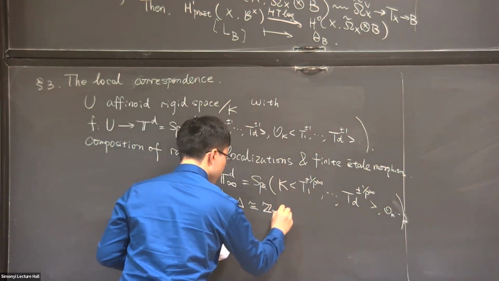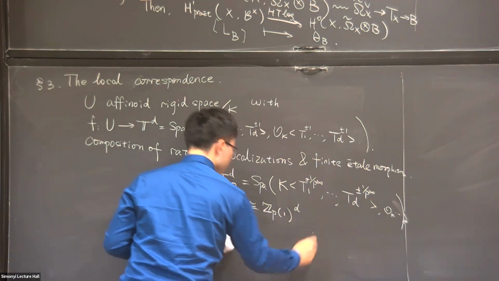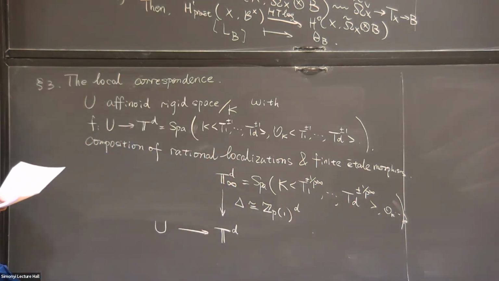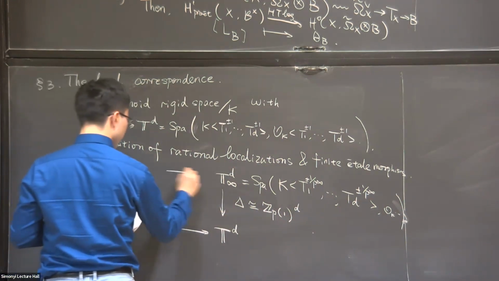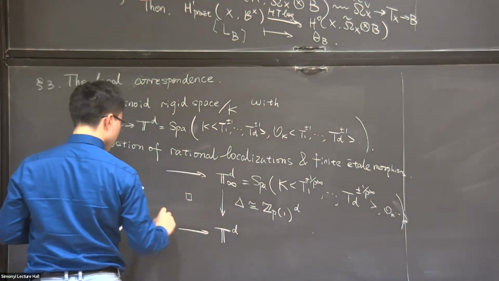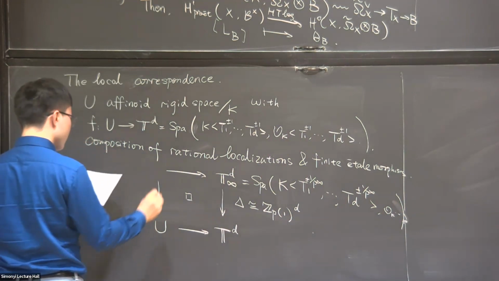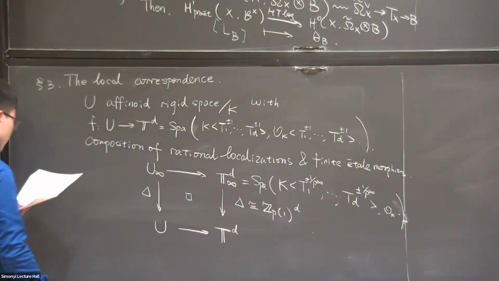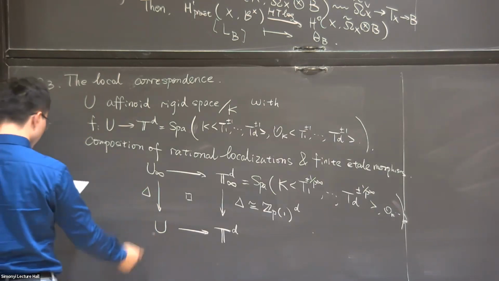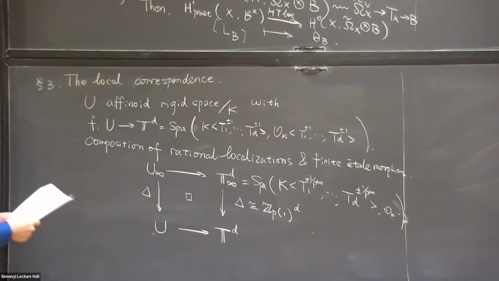So this Delta is isomorphic to the direct product of Z_p(1) twisted. Okay. And I consider the fiber product. So this is also a Delta-torsor over U pro-étale. Okay.